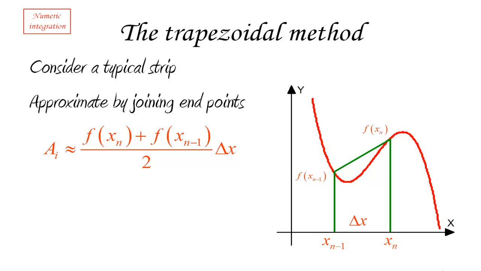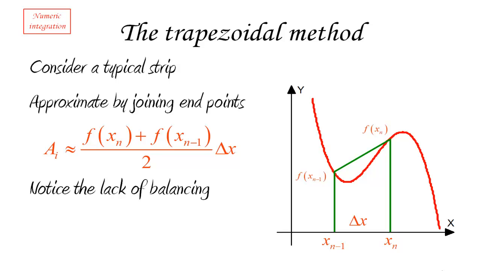So we can apply that formula for each one of the slices. All we have to do is figure out the value of the function at each of those points that generate the slices. Notice that by doing this, we're losing the balancing act of the midpoint. The midpoint was right in the middle, so hopefully some part of the function was above it, some part of the function was below it, and it provided some kind of equilibrium.